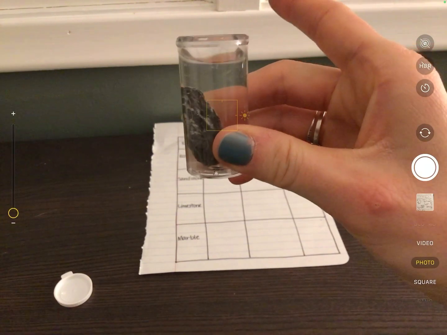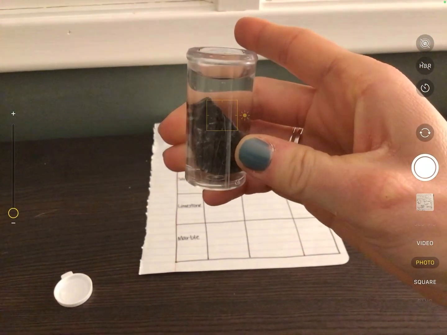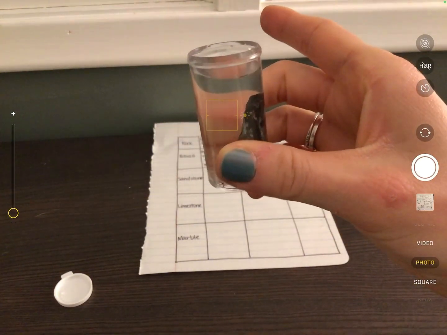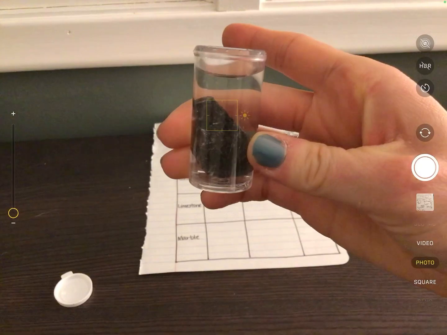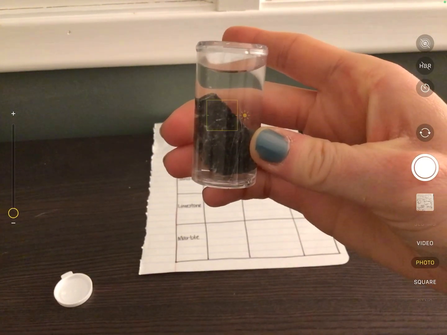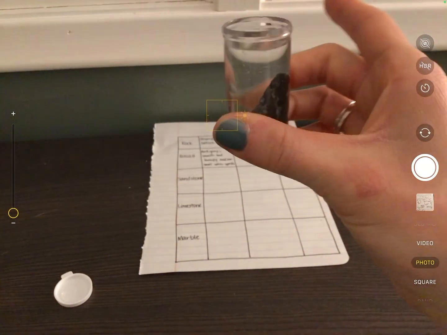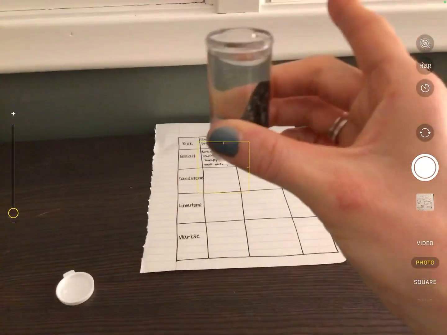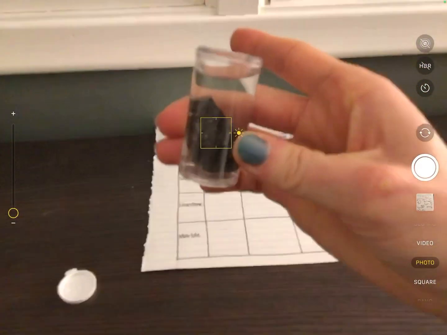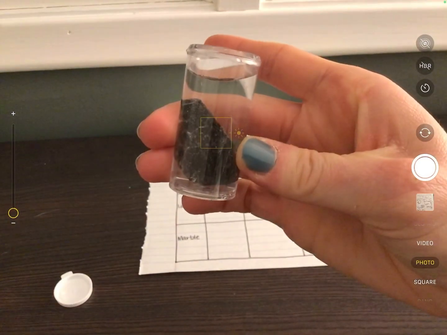There's not a lot of them. They're not very noticeable, but I can see some. Now, is it possible that there could be air trapped inside the rock that might give off bubbles as well? Yes, that is possible. It's our job to decide, based on what we observe, if we think it is a chemical reaction or if they are air bubbles coming out of the rock.